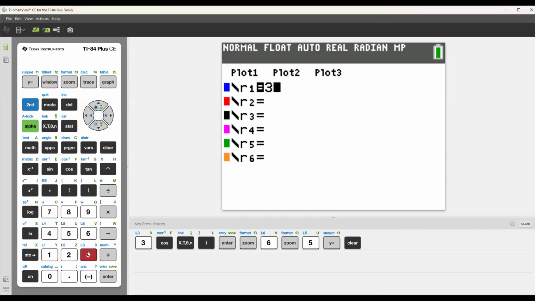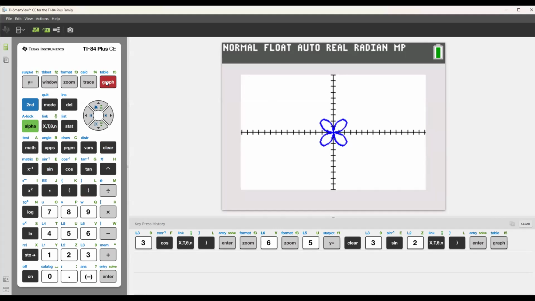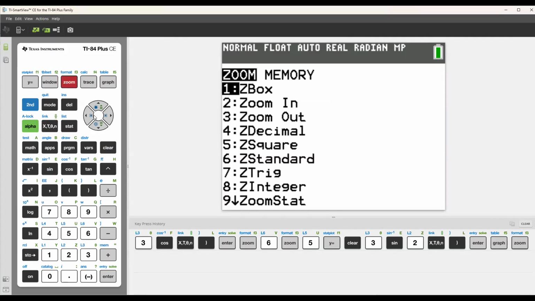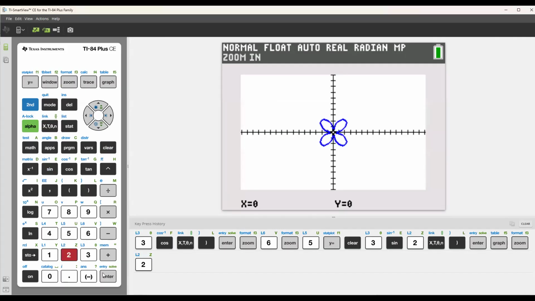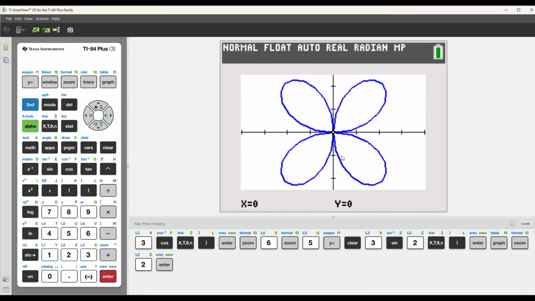So I have 3 times sine of 2 theta. Now if you graph it, you will see that it's just like a flower with 2 leaves. Maybe we could zoom it in.